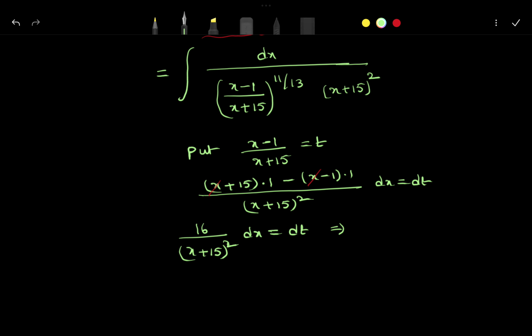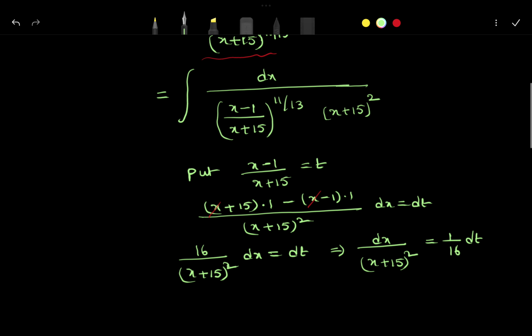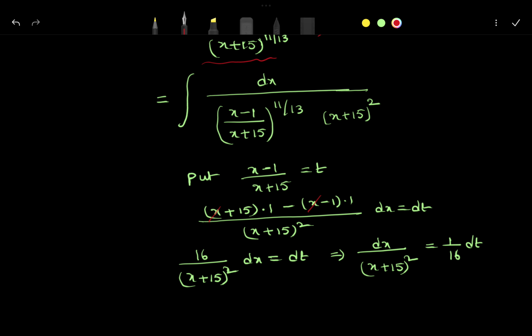That implies dx divided by (x plus 15) whole square equals 1 by 16 into dt. So dx divided by (x plus 15) whole square can be replaced with 1 by 16 into dt.